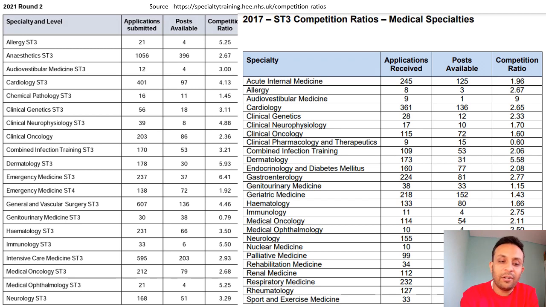So it's not that easy basically. Yes, if you want to take genitourinary medicine, the competition ratio is the least. If you compare this with 2017, allergy's competition ratio was still a little less. GUM was more or less the same, and dermatology has always been high. The reason I've brought in this slide is because ST3, ST4 applications are very competitive.